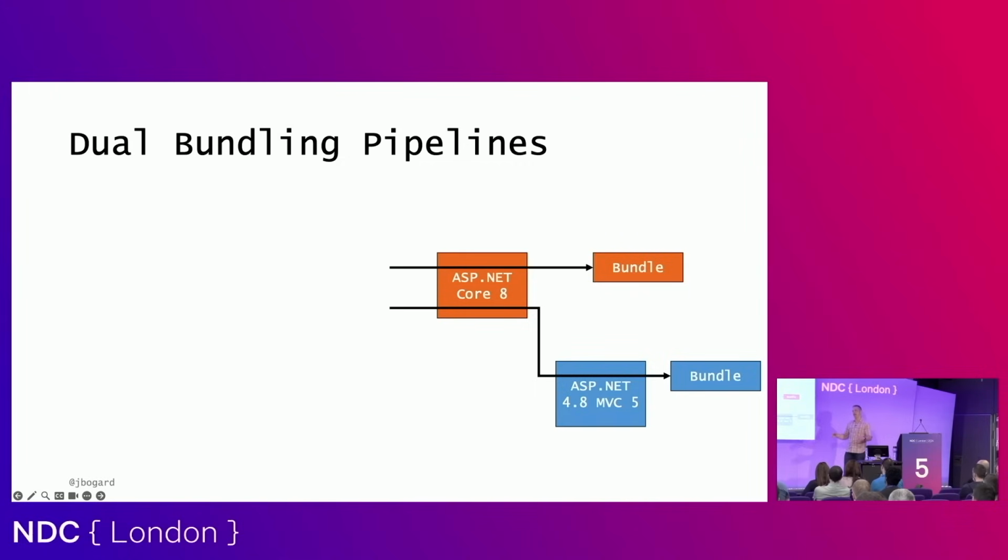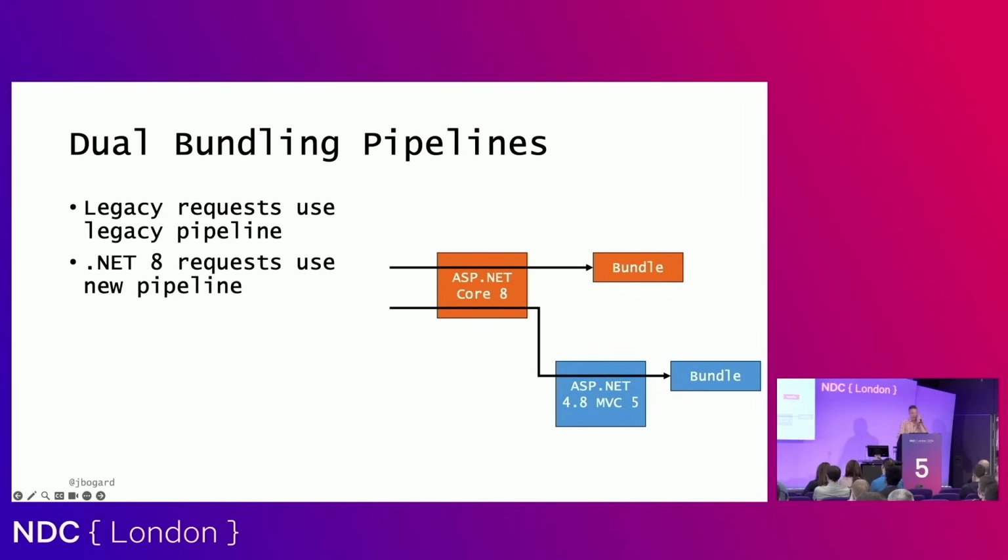Okay, now it's time to migrate all of our static assets over. We wanted it so that as we migrate each individual page, we're also migrating all the static assets for that page over to ASP.NET Core. So in this one, the legacy requests use the legacy pipeline. The .NET 8 requests use the new pipeline.